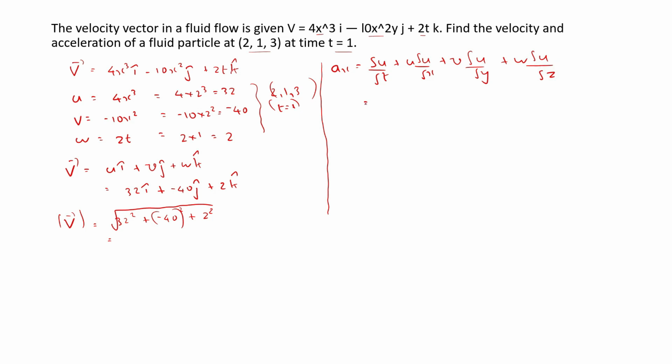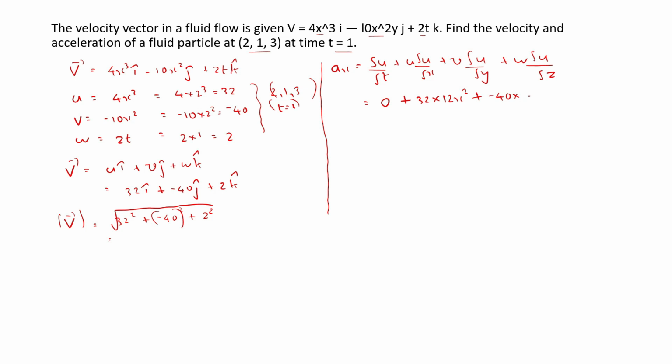You know u is equal to 4x cube, so dou u by dou t will be 0, and u we have already found for that point is equal to 32, and dou u by dou x is equal to 12x square. Then v is minus 40 into dou u by dou y.